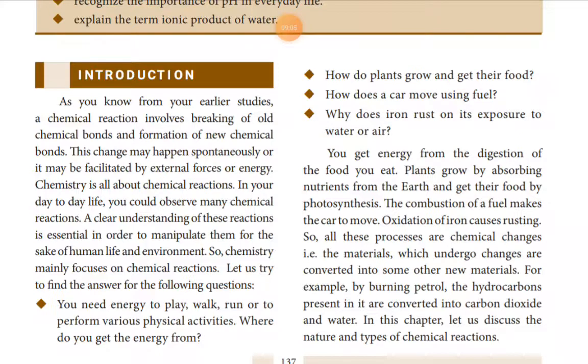What is rust? It is hydrated ferric oxide. The process of forming rust is called rusting. So in the presence of oxygen, water and carbon dioxide, iron turns to hydrated ferric oxide, that is called rusting.